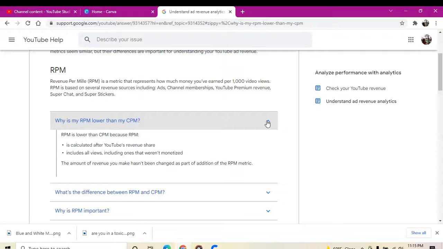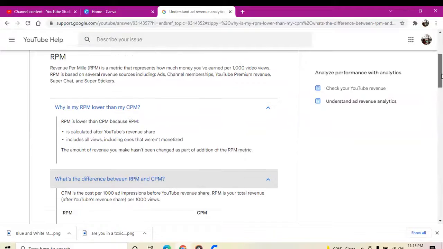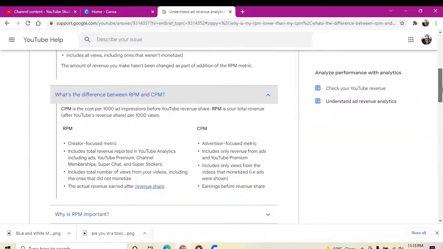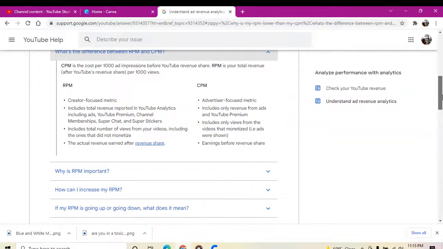So what is the difference between RPM and CPM? Today we're just going to cover the RPM. RPM is your total revenue after YouTube's revenue share per 1,000 views.